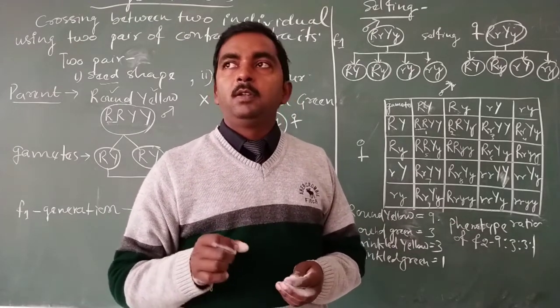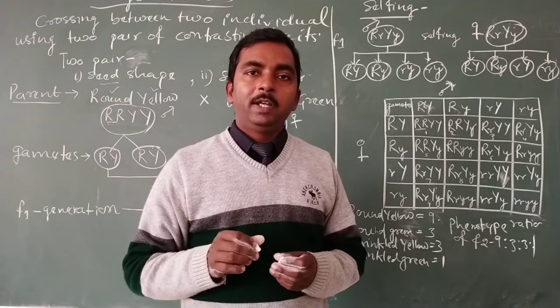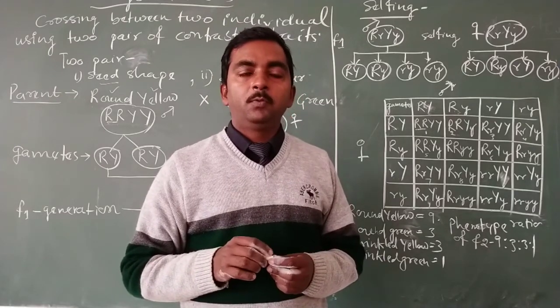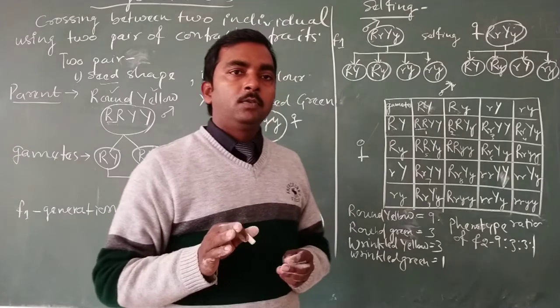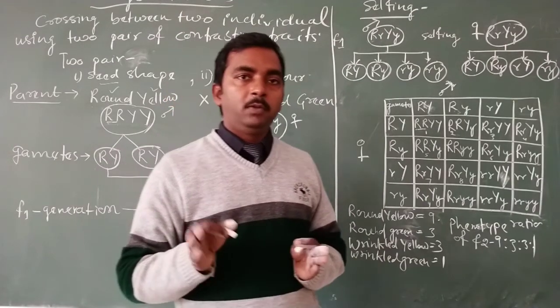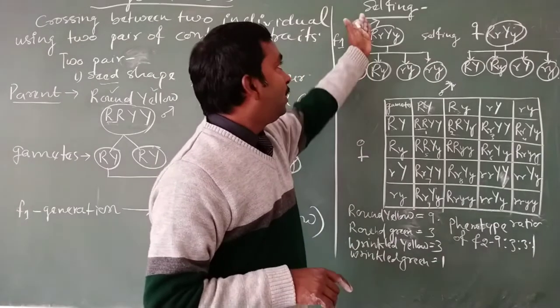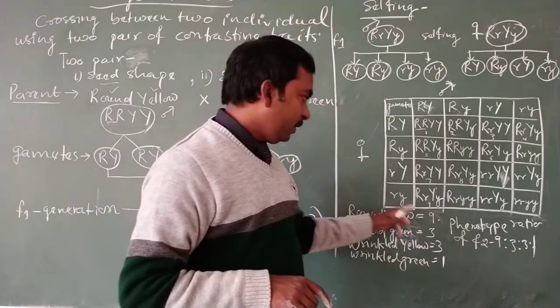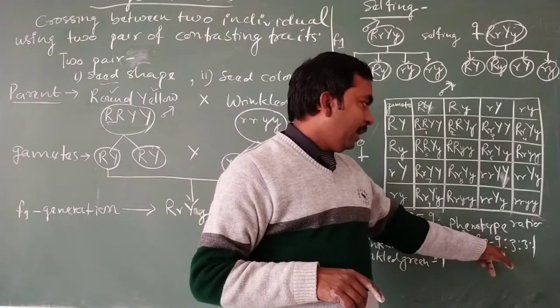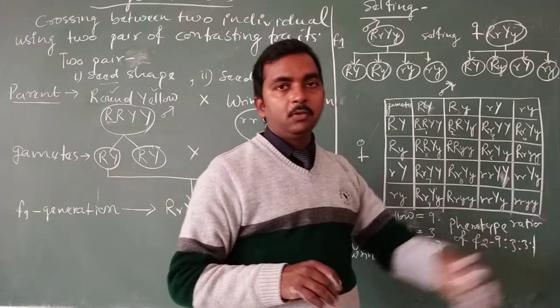In monohybrid we find the genotype ratio as 1:2:1. 3:1 is the phenotype ratio we have observed in the monohybrid cross, while in the dihybrid cross we have observed the phenotype ratio as 9:3:3:1.